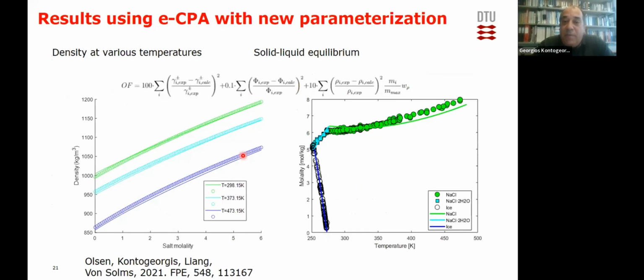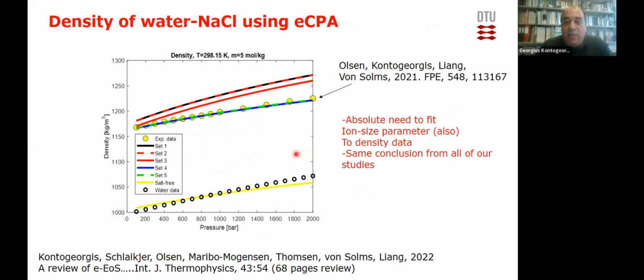The electrolyte CPA is another model that we have used, and when the density is included into the parameter estimation, we are able to get good densities, good activity coefficients, acceptable solubilities, SLE, and also very good densities at high pressures. So this is of course an advantage of the model.